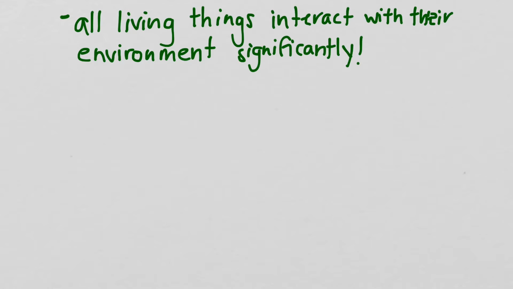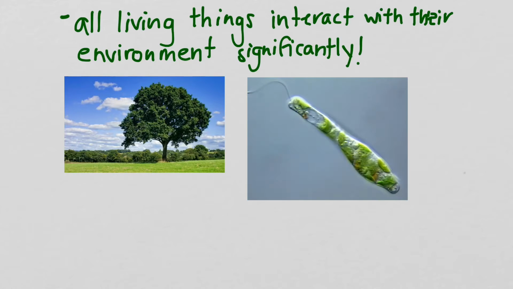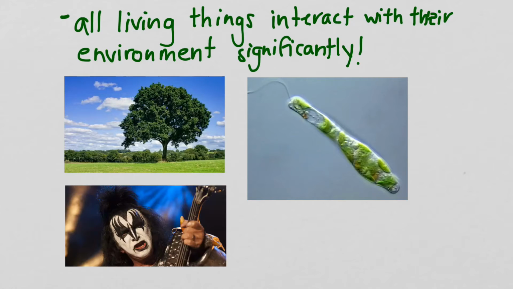So to put things into context, remember that all living things, whether that is a tree, a single-celled living thing like this euglena that we have here, we'll look at them with a microscope in a bit, or a human being, they're all going to need to release things, whether that's sweat from performing or another form of waste.